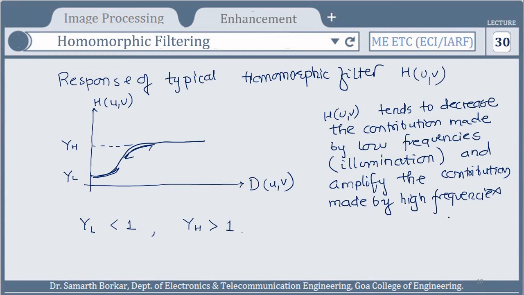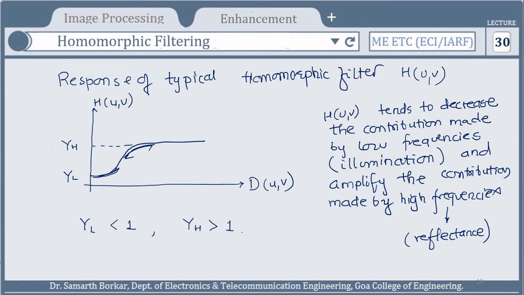And we know what is associated with high frequencies as far as image modeling is concerned, that is the reflectance. So the idea over here is to separate out the illumination and reflectance and then work individually on these two components.